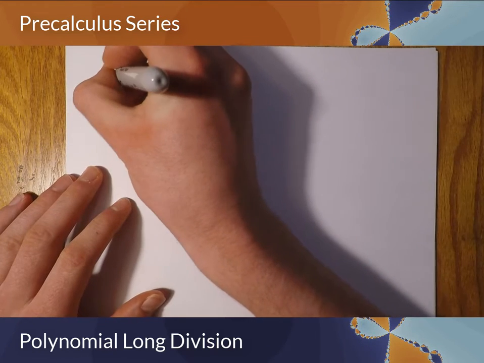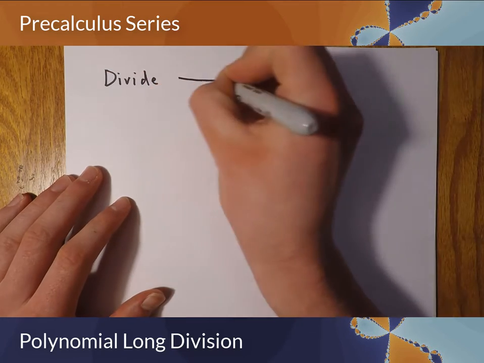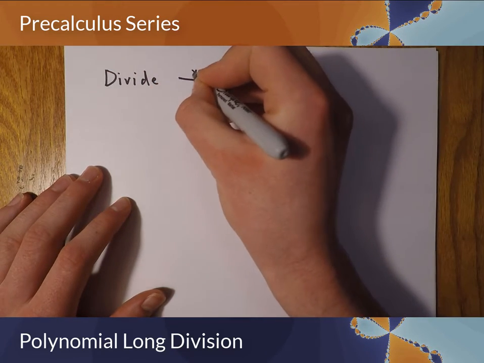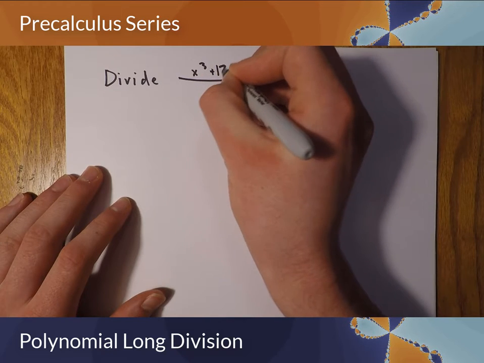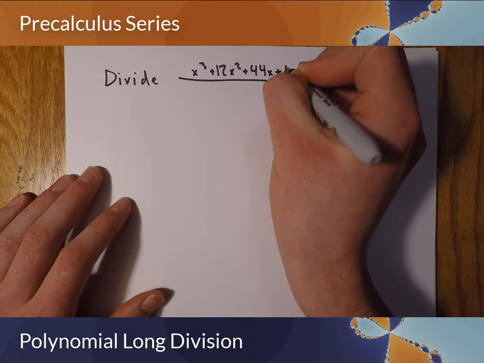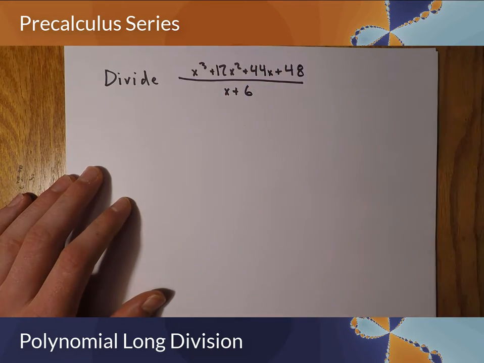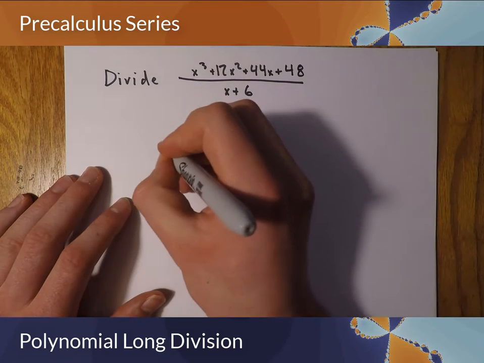All right, so our first example today is the problem: divide x cubed plus 12x squared plus 44x plus 48 by x plus 6. Now, with this problem, we set it up like this.